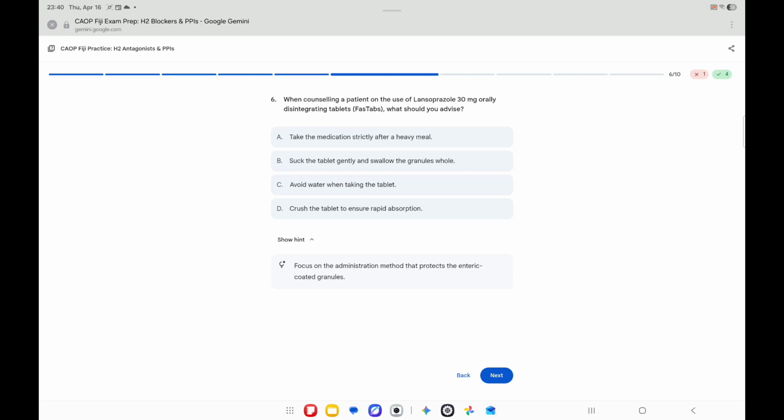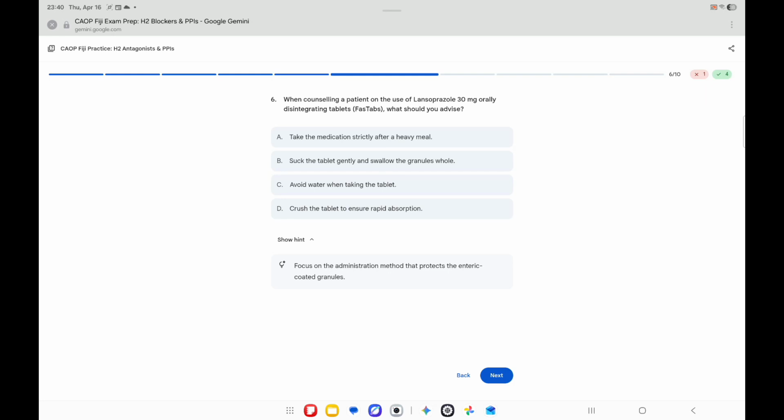We also add the same instruction for sustained-release tablets, for example Voltaren 75 milligram, that is slow, sustained release, or enteric-coated aspirin, okay, Cartia.